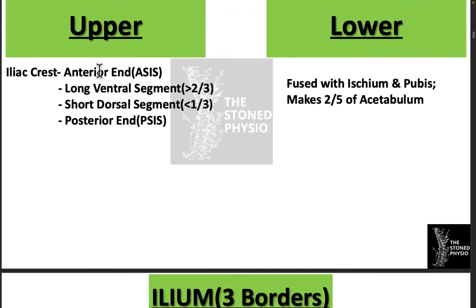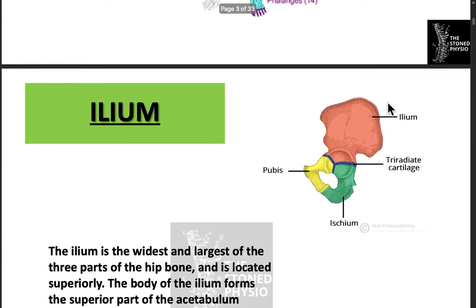So we have an ASIS, a long ventral segment, a short dorsal segment, and the PSIS. We can talk about these four structures which make the upper border of the ilium, and we have talked about the lower border of the ilium.